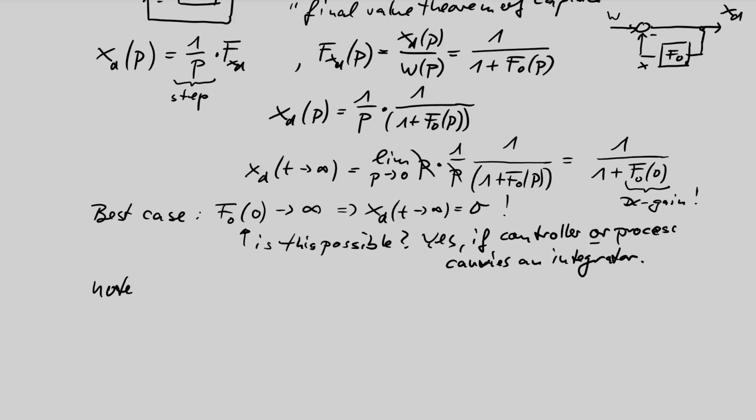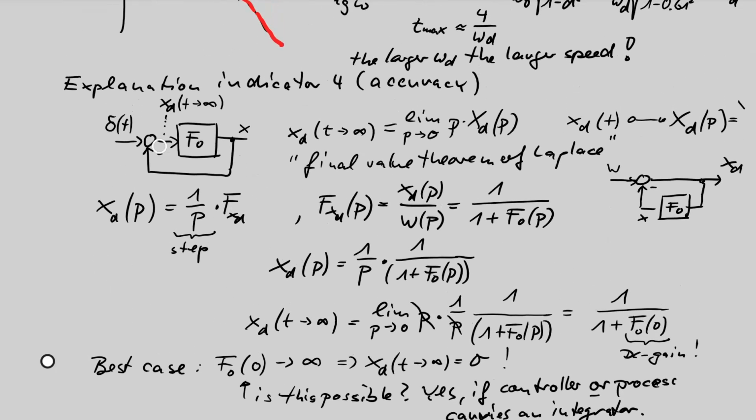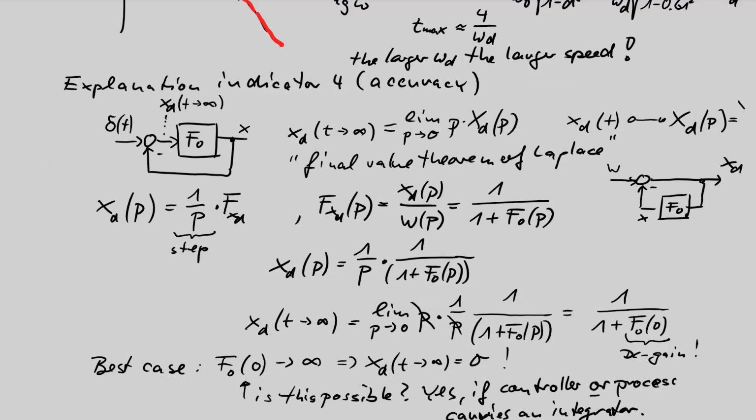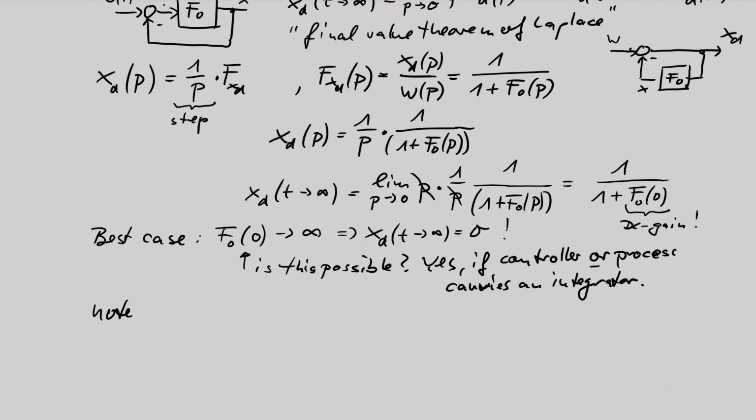Note we have calculated this control error if this is a unit step function. That's a reference step response. Note, this is only valid for reference behavior.